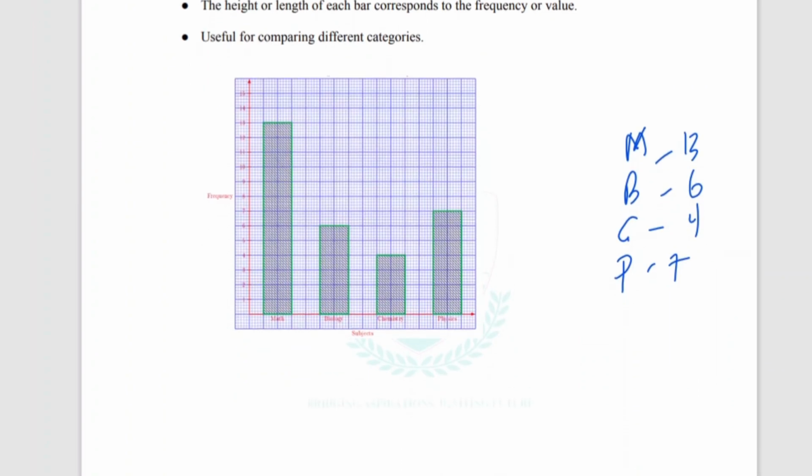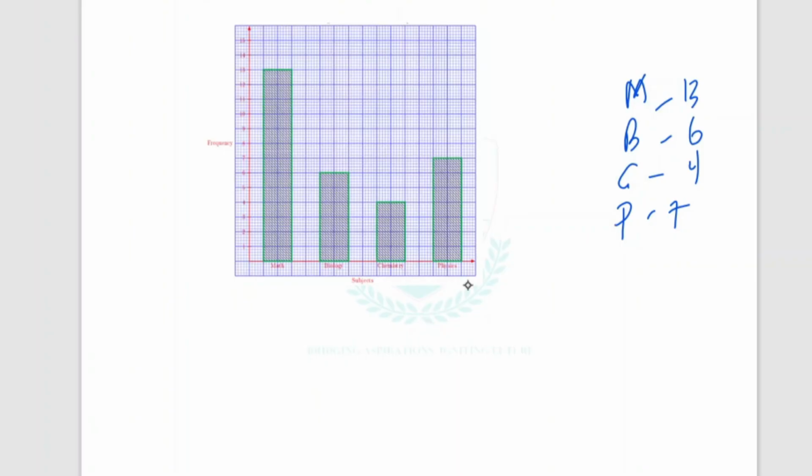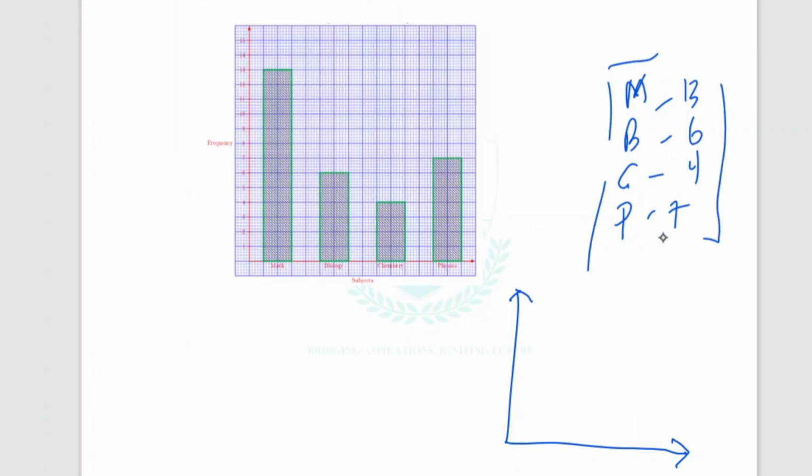So if we wanted to come up with this graph, with any graph, we come up with our vertical axis, the y, and then the horizontal axis. Of this data that we have here, we have the subject, and here we have the number of students. Which one would be on the vertical axis, and which one would be on the horizontal axis? Those are some of the questions that you should ask yourself.